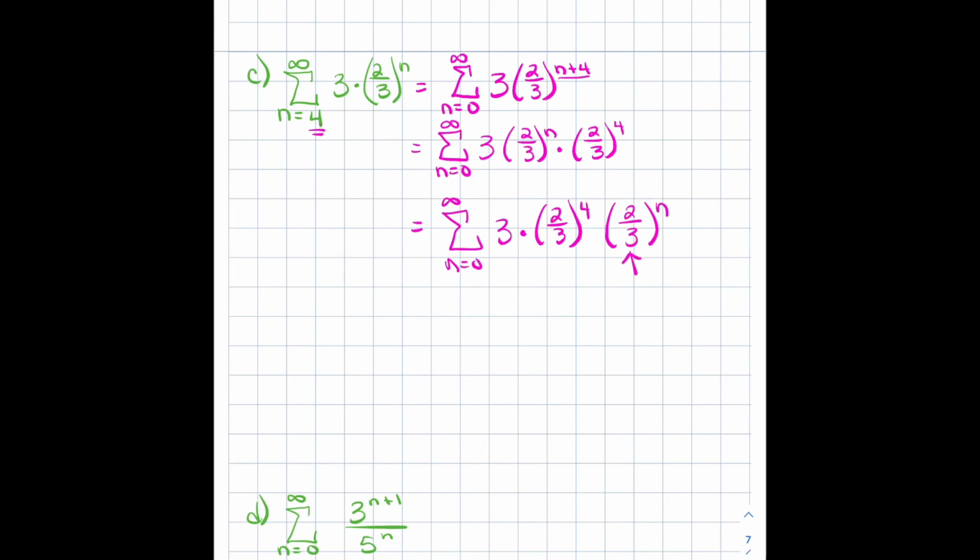It's the very first term, because now here's r, sorry, there's the ratio. This is a. So let's talk about convergence first. The absolute value of r is less than 1, therefore it converges by the geometric series test.